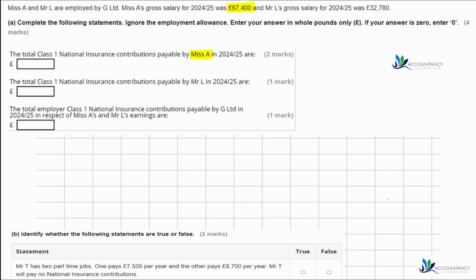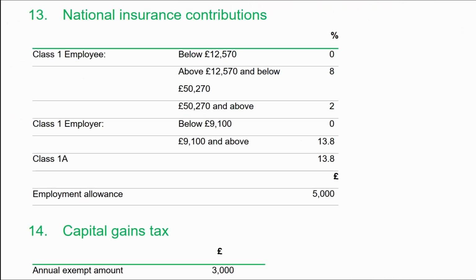In section 13, we can see that for a Class 1 employee, if they earn below 12,570, then they don't have to pay any national insurance at all. Between 12,570 and 50,270, they pay national insurance at a rate of 8%. And if it's above that threshold, then they pay at 2%.